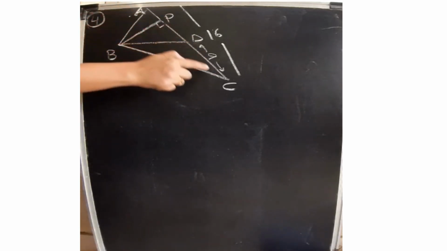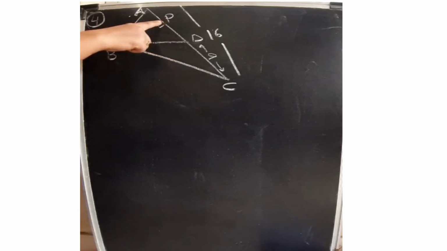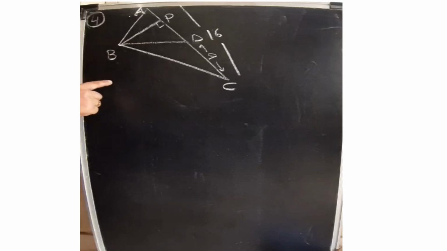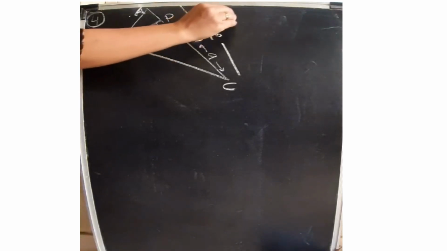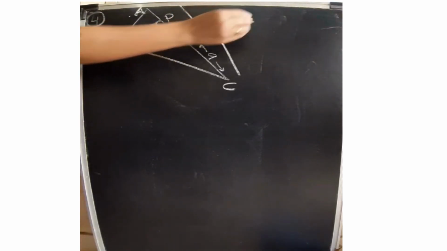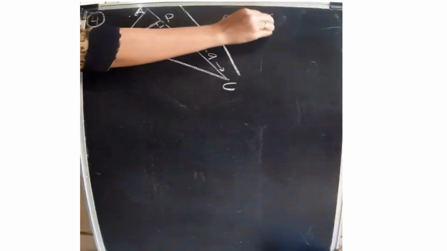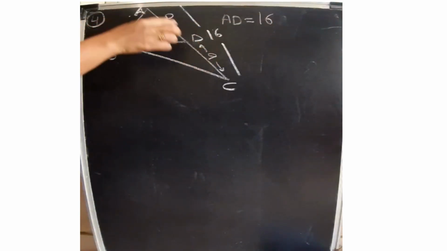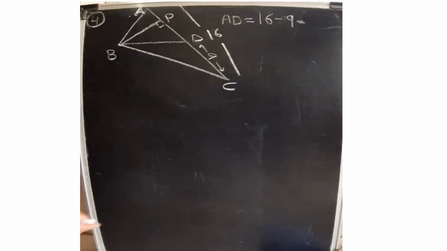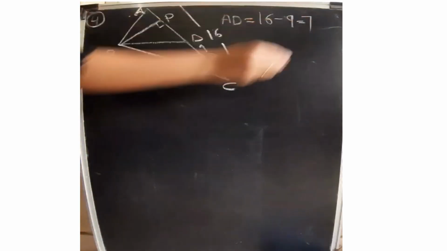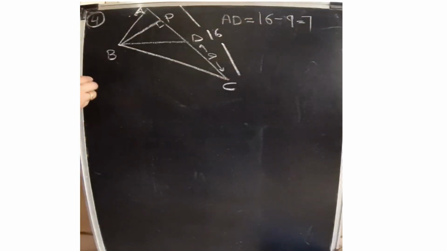AC is given 16, DC is given 9, and then we have to find the ratios. As AC equals 16 and DC equals 9, we can say that AD equals 7.